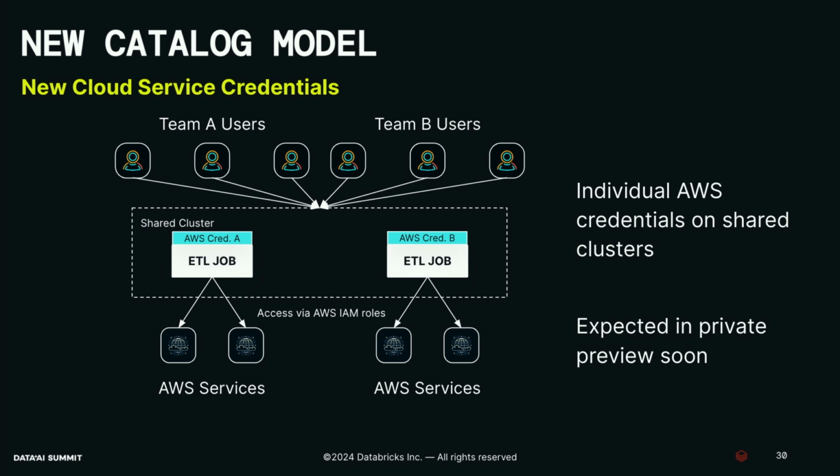And we can create 2 Cloud Service Credentials, one for each team, and we can say that the users from Team A can only access the Cloud Service Credentials for Team A, and Team B can only access the Cloud Service Credentials for Team B. So they can use a shared cluster, but still have individual access to AWS resources, which is quite cool.